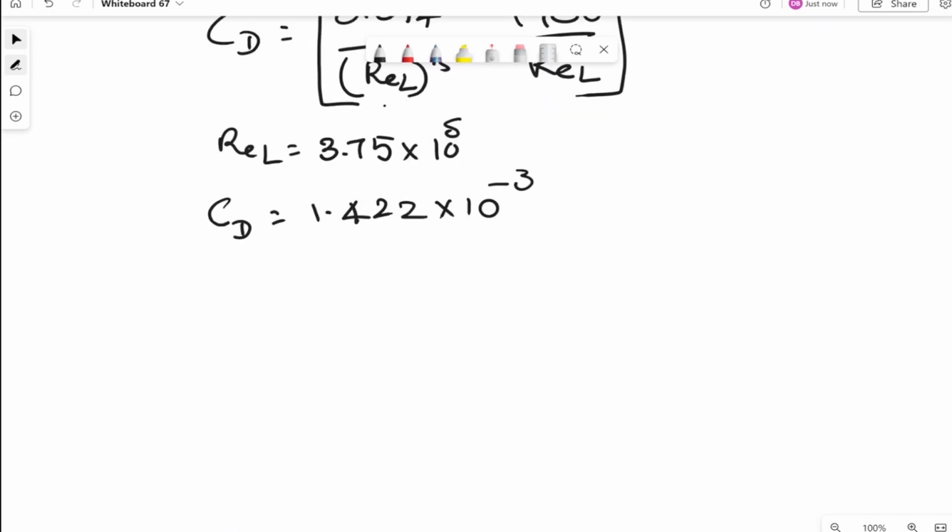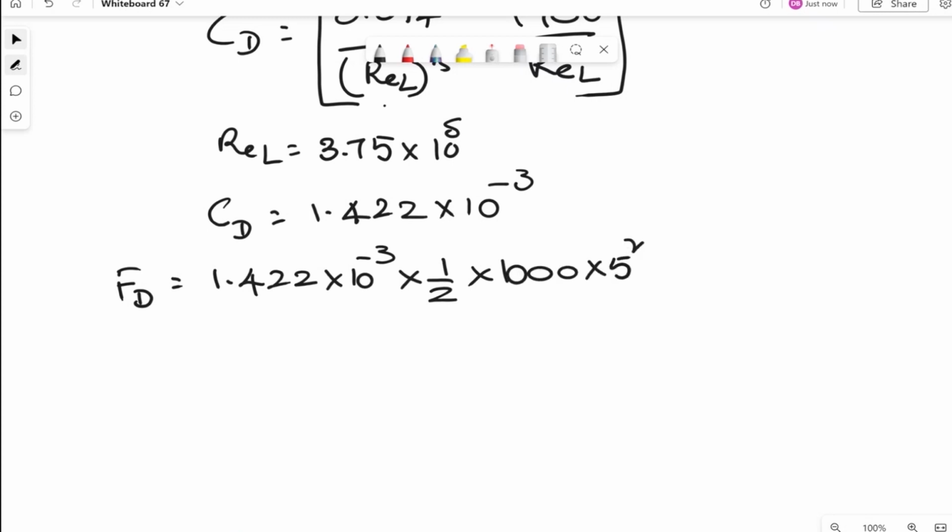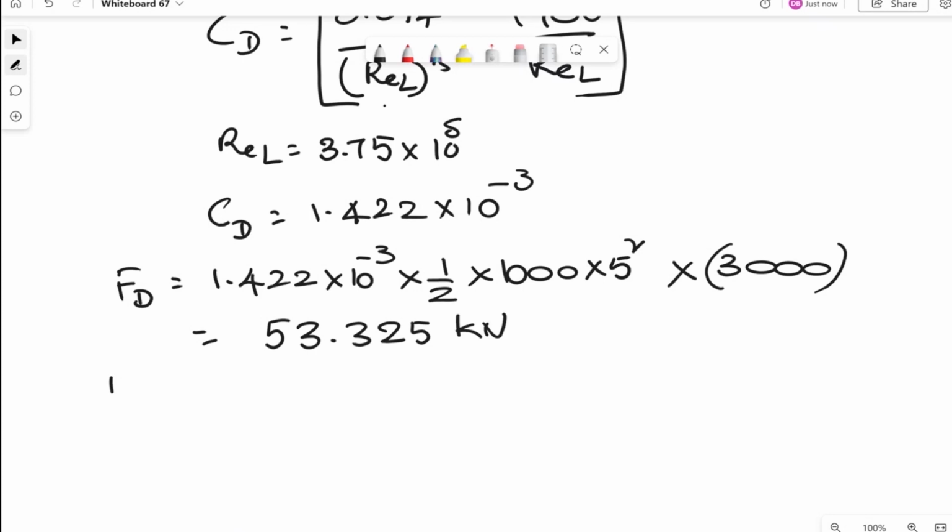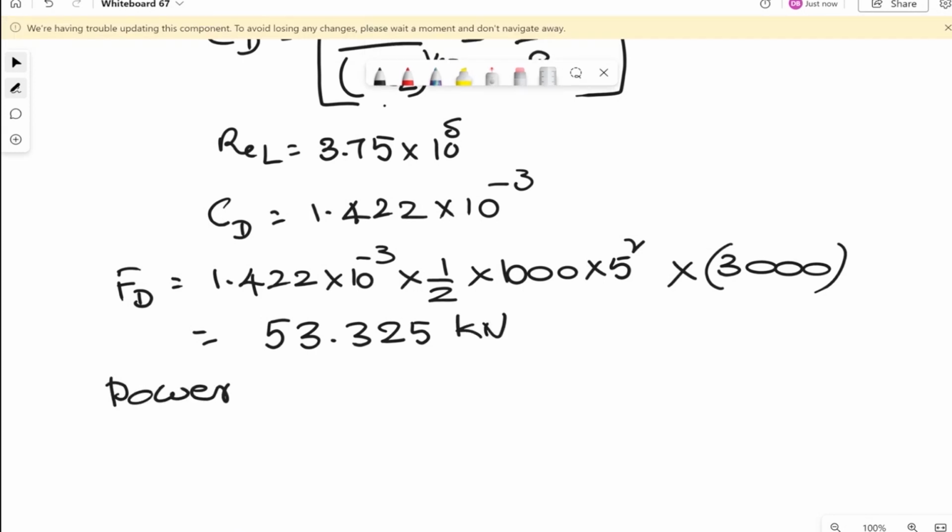Once C_D is obtained, F_D is 1.422 into 10 to the power of minus 3 into half into rho V square. Rho is water, so 1000 into V square into area, which is 3000. This corresponds to 53.325 kilonewtons. Then he has asked what the power required is.